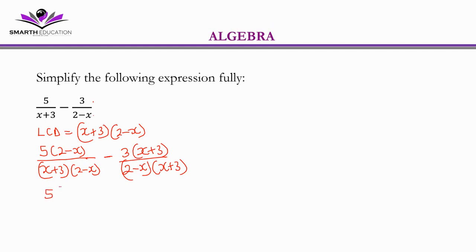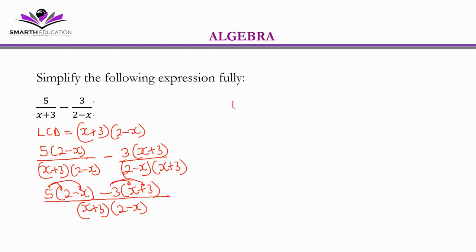So we have 5, then 2 minus x, minus 3, x plus 3. All this over the same denominator there, which is x plus 3, then 2 minus x. And then we can distribute 5 there, distribute negative 3 there. Let's just do that.